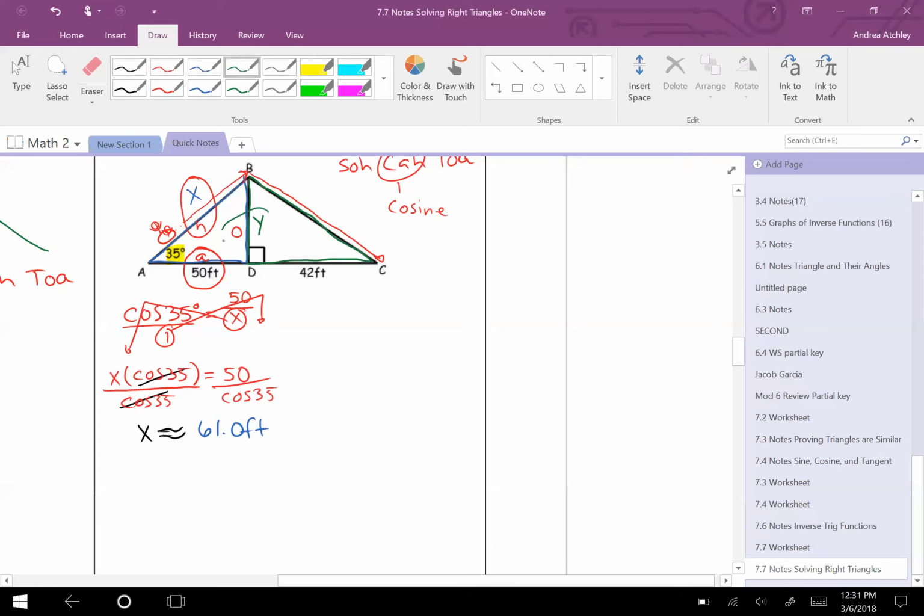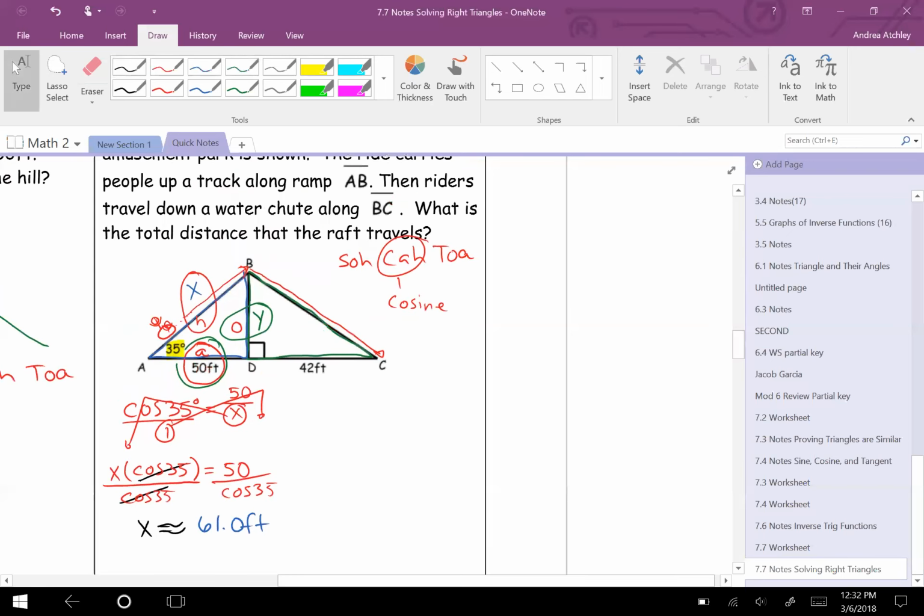This time I have to use the opposite and the adjacent to find that missing piece. Carson, which trig function am I going to use when using the opposite and the adjacent? Tangent.